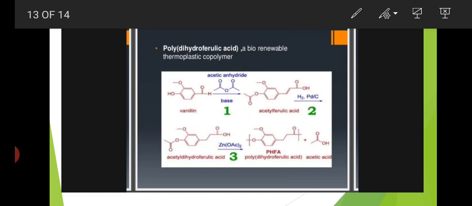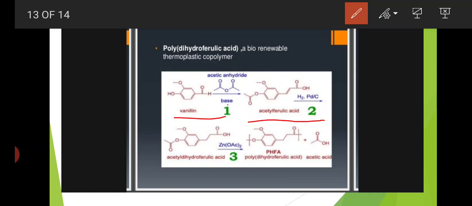Okay, polydihydroferulic acid, a biorenewable thermoplastic copolymer. This is vanillin. Vanillin reacts with acetic anhydride in the presence of base and forms acetyl ferulic acid.